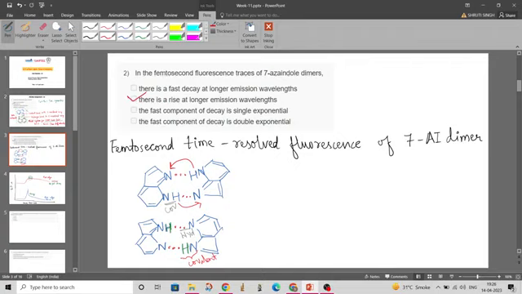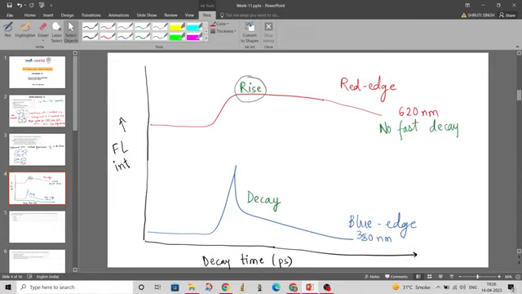The third statement is, it's a multiple select question, square check boxes are given. The third statement says the fast component of decay is single exponential. So here we have the decay, and the fast component I have not drawn properly, but the fast component is double exponential.